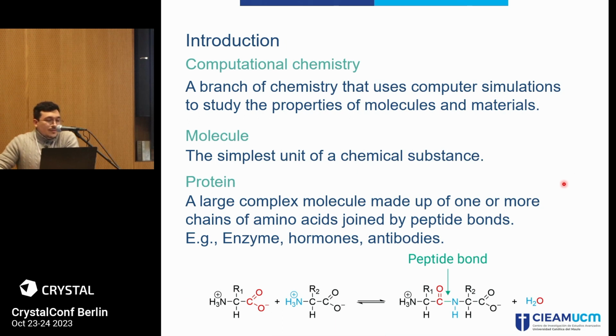So you can see in this scheme one amino acid, another amino acid at the peptide bond, and the difference in the sequence of a protein is the R1 and R2 amino acids. So you can have this arrangement of units to form a protein, and the different proteins are composed of different amino acids and different lengths.